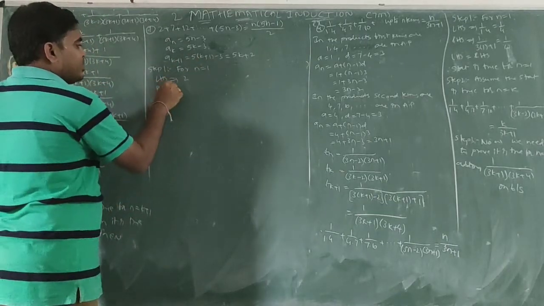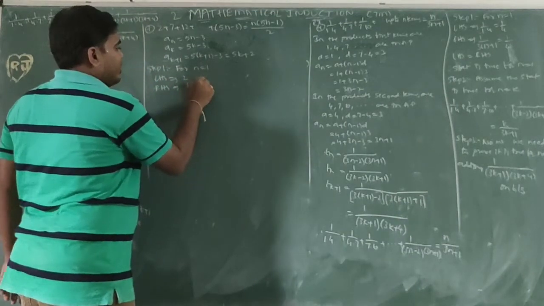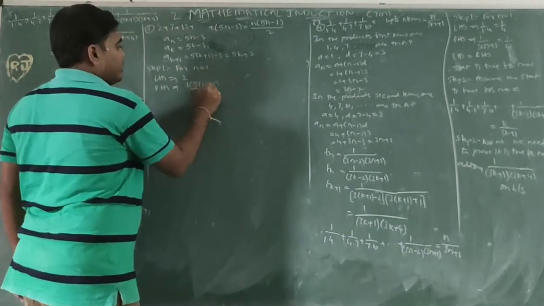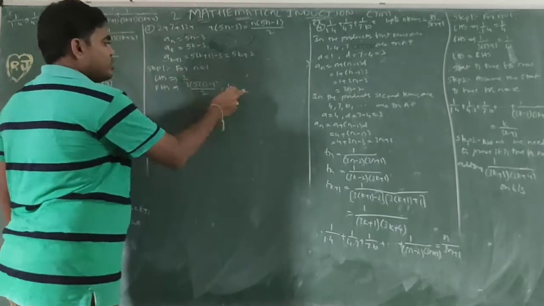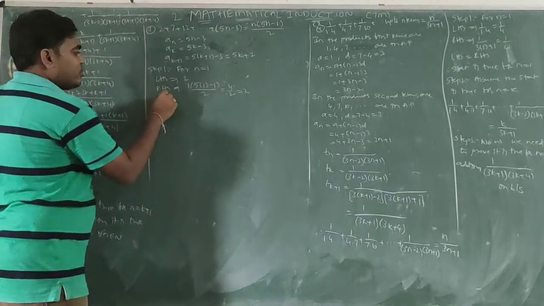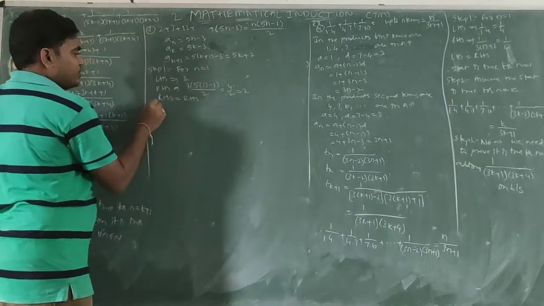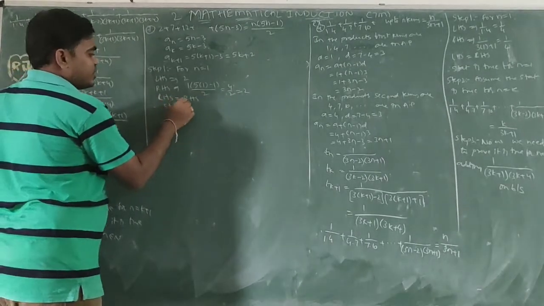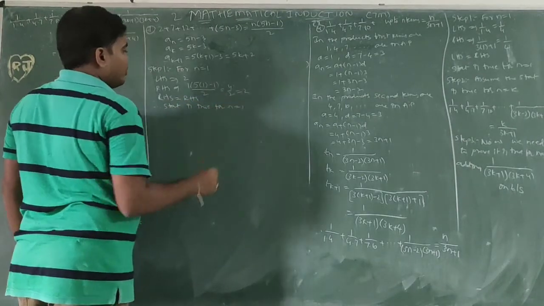RHS: on the right side I substitute n equal to 1: 1 of (5 into 1 minus 1) by 2, 5 minus 1, 4 by 2, equal to 2. So LHS equal to RHS. Therefore, the statement is true for n equal to 1.